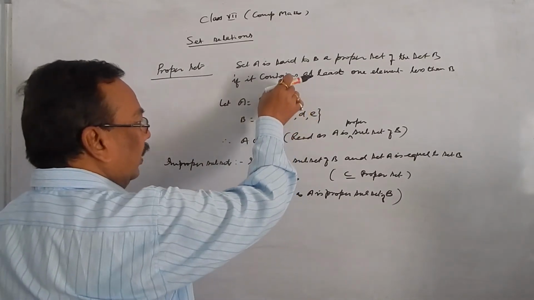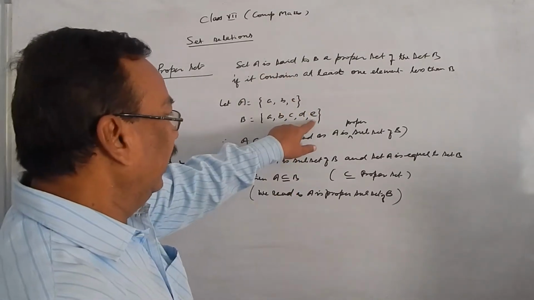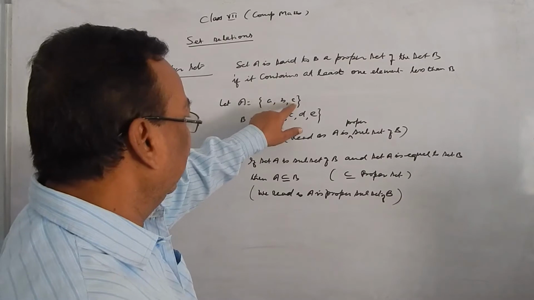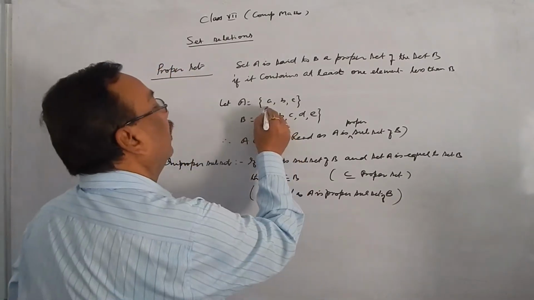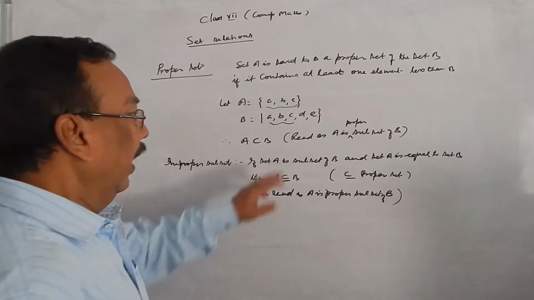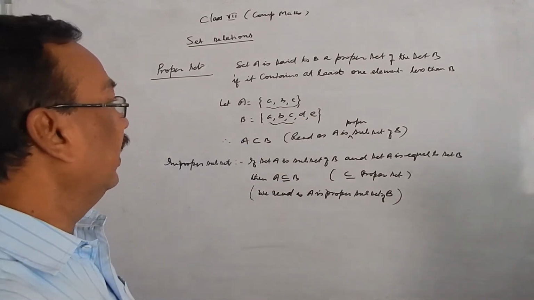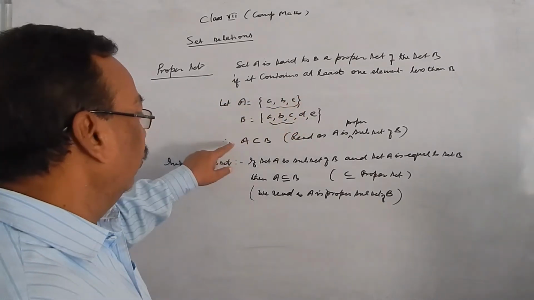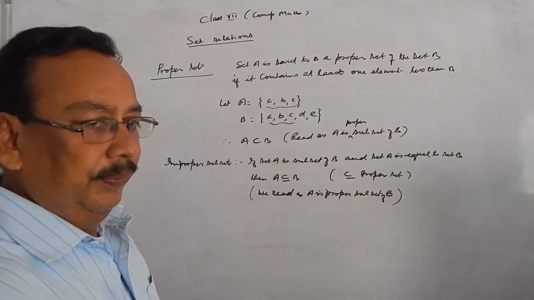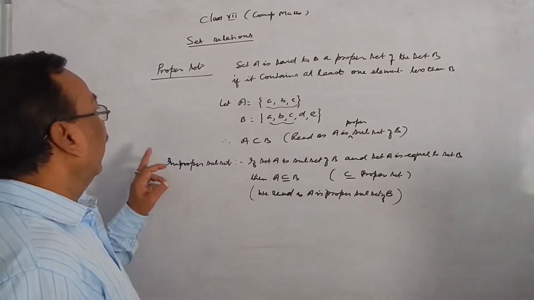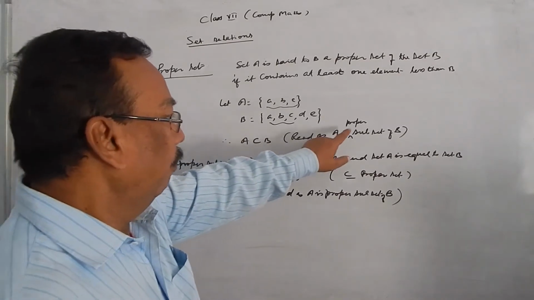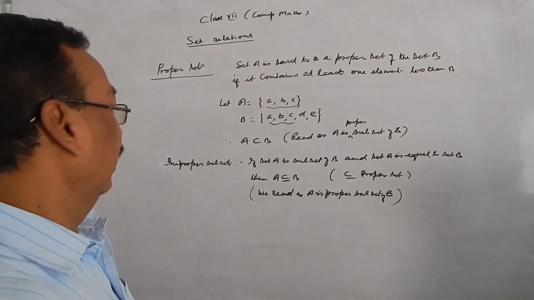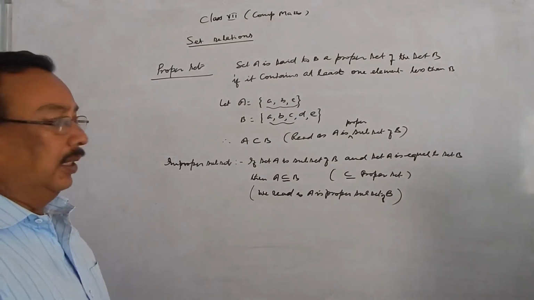D and E are not in A, but a, b, c are in B. Three are common, and d and e are not in A. Means at least one element is extra. That is why A is a proper subset of set B.